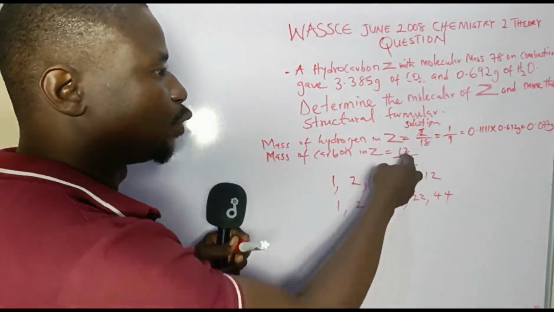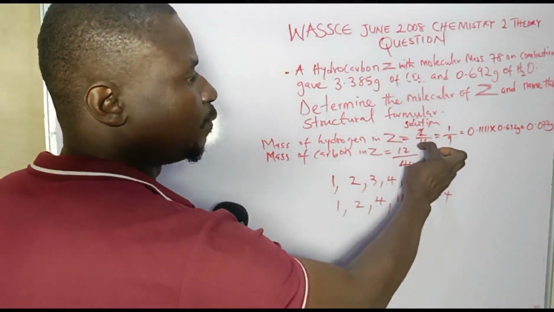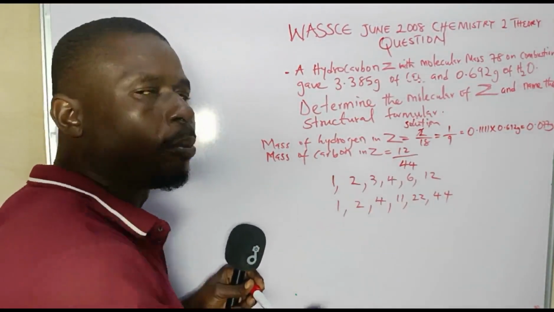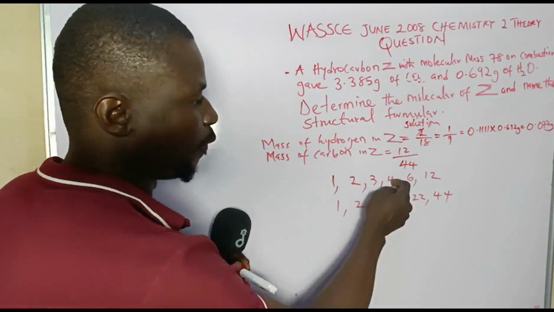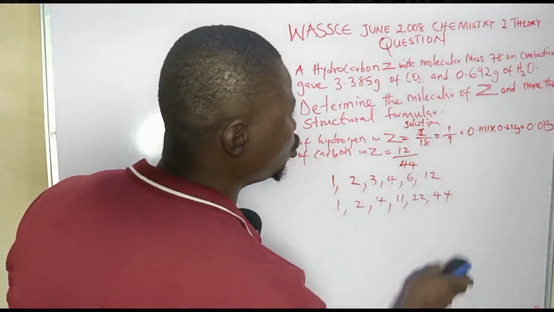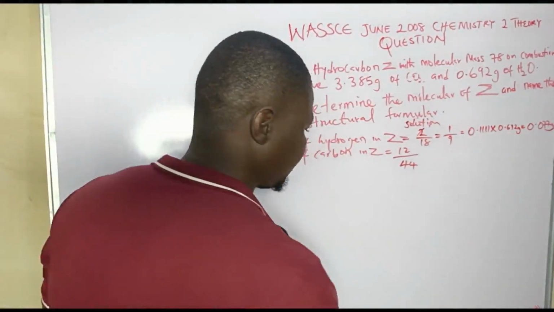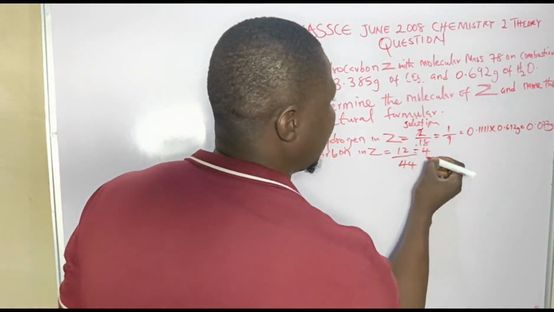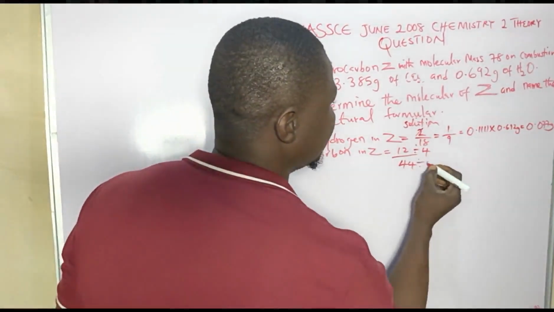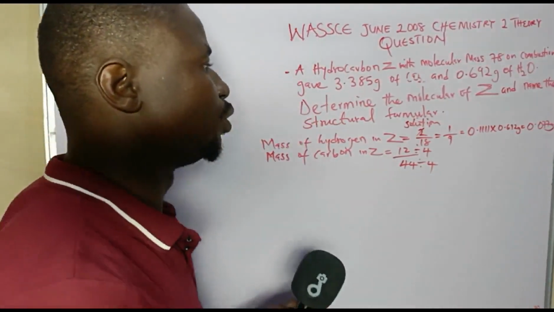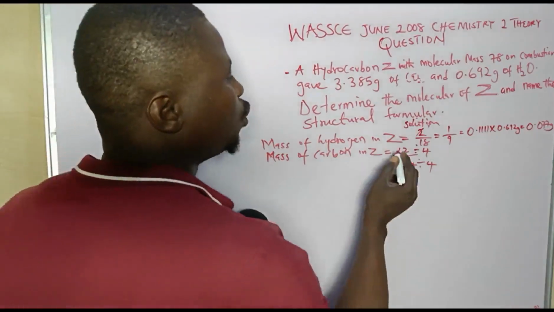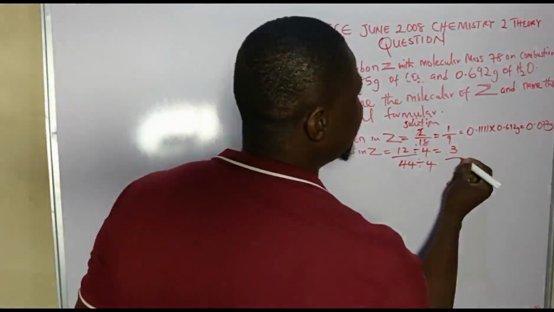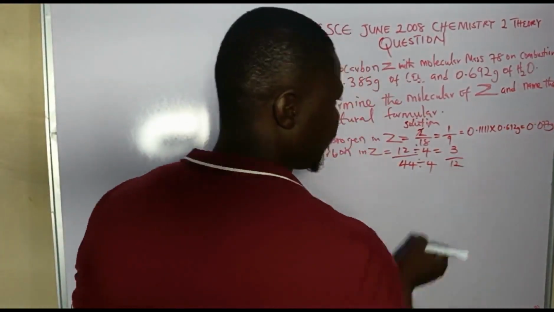Looking at these two figures, we are going to look at the largest common factor, which is 4. So we are going to use 4 to divide 12 and 44. 12 divided by 4 will give you 3, and 44 divided by 4 will give you 11.